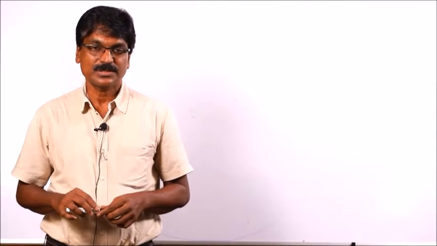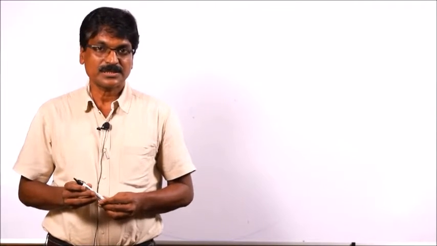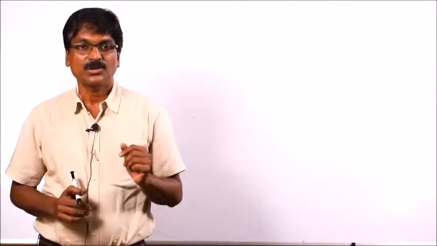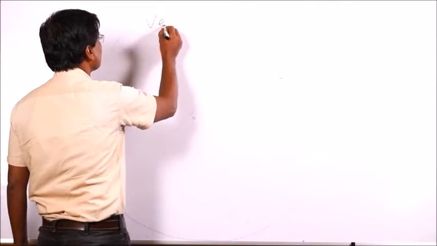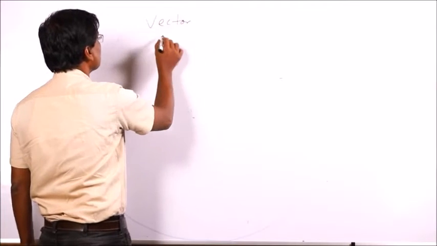We know vectors and scalars in physics. A vector is a physical quantity which has magnitude and direction, while a scalar has only one unit of measurement.